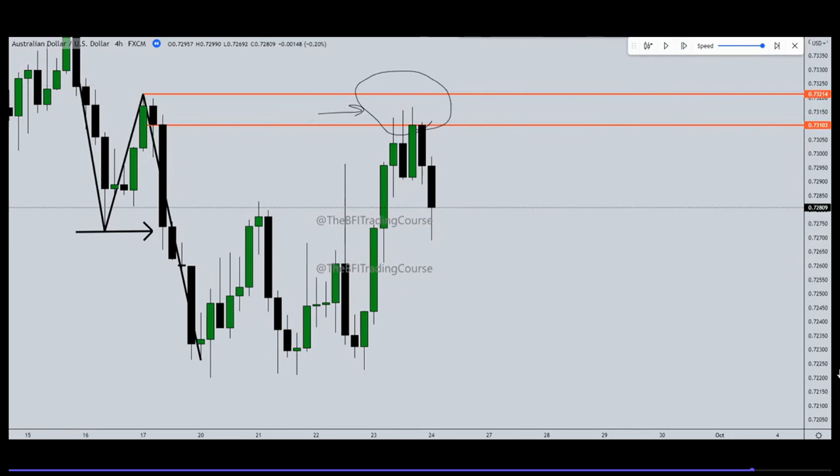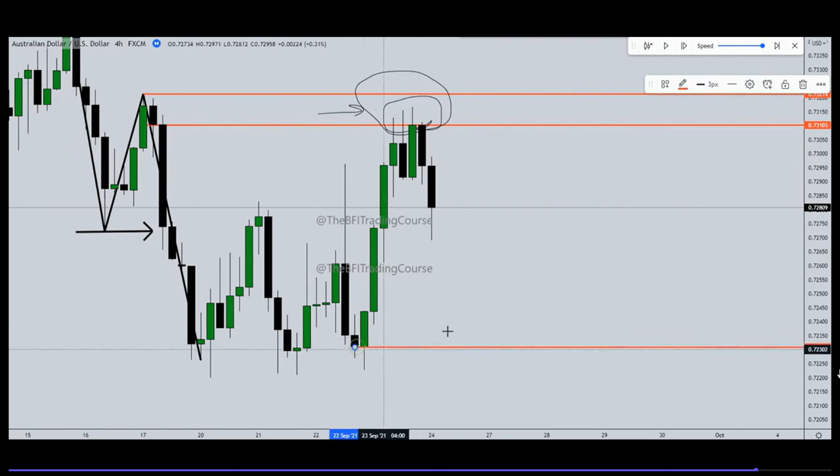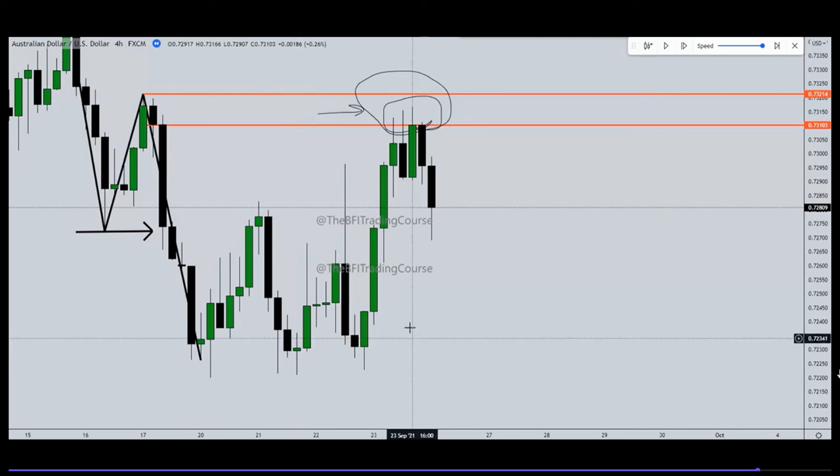Let's say somehow you manage to find the entry on the micro. Where is the target? Well, some of you may say here, and that's basically setting a target without using volume. Well, let's see if we can use volume to help us with the target.